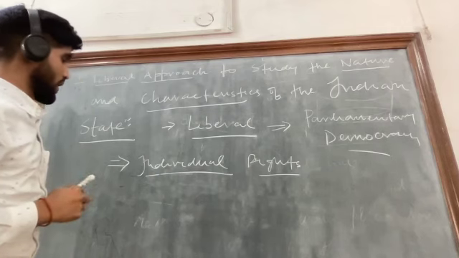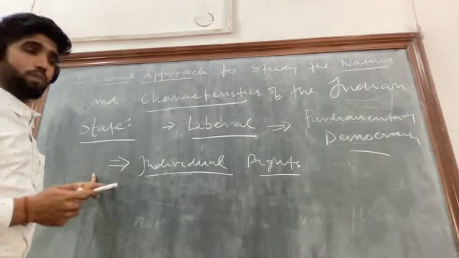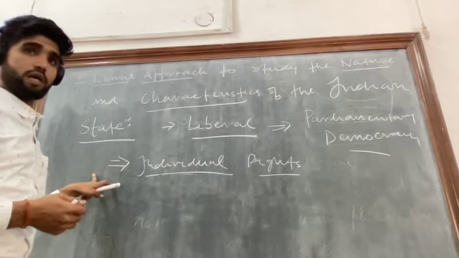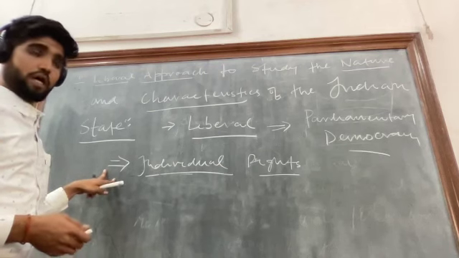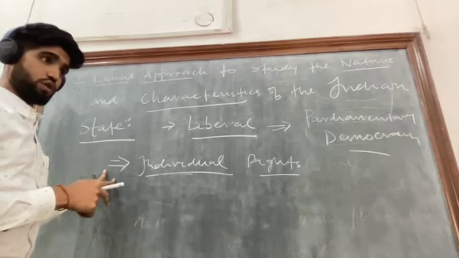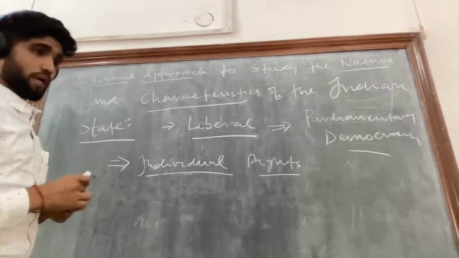We have the separation of powers so that none of those institutions can combine together. For example, parliament and executive, that is the council of ministers led by the prime minister, to trample upon the rights of the individuals.